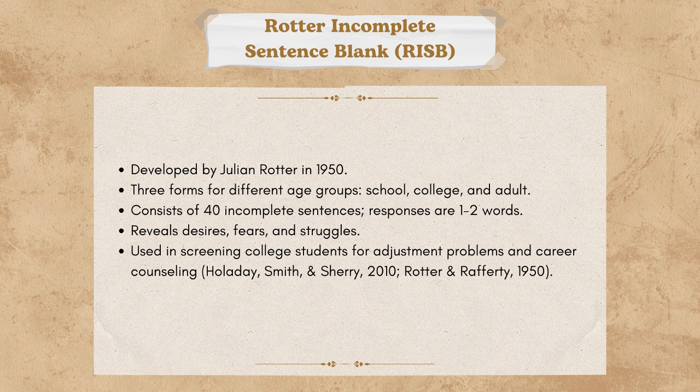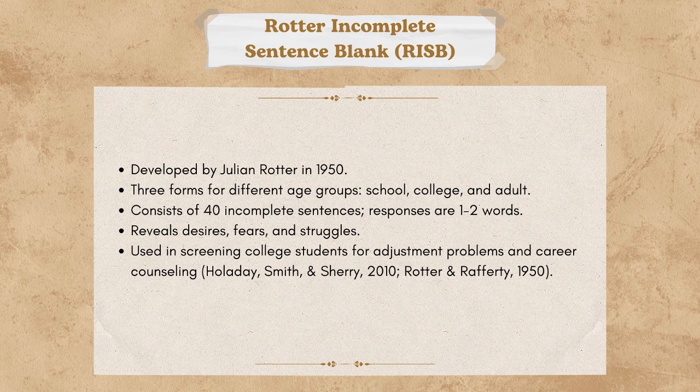A third projective test is the Rotter Incomplete Sentence Blank, RISB, developed by Julian Rotter in 1950. There are 3 forms of this test, and they are used with different age groups.